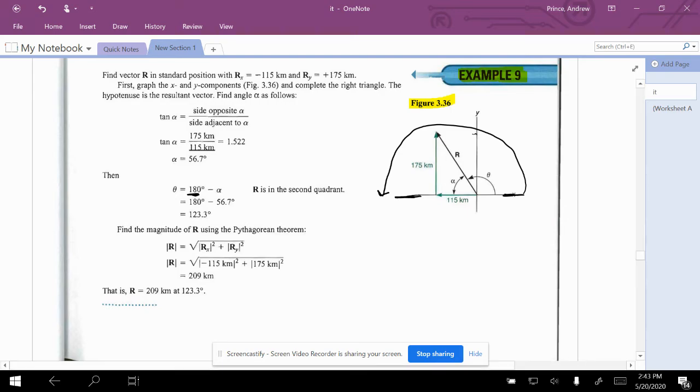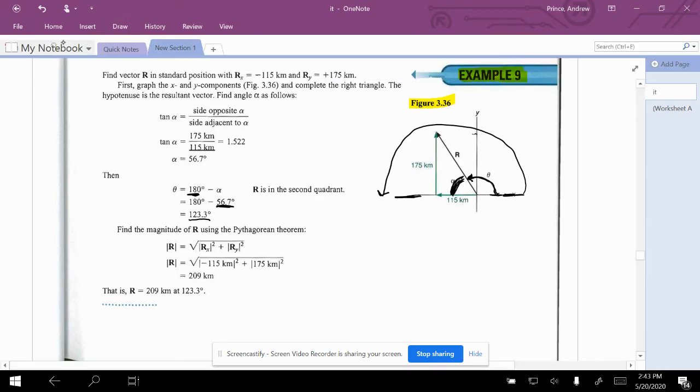So they give you 180, and you're going to subtract what that angle is, which was 56.7. Now what's left is our actual direction, because it's going from the 0 all the way to here, and that's going to be the difference of our actual angle. Because the total is 180, we're getting rid of the value that we calculated and calling the actual direction itself 123.3 degrees.